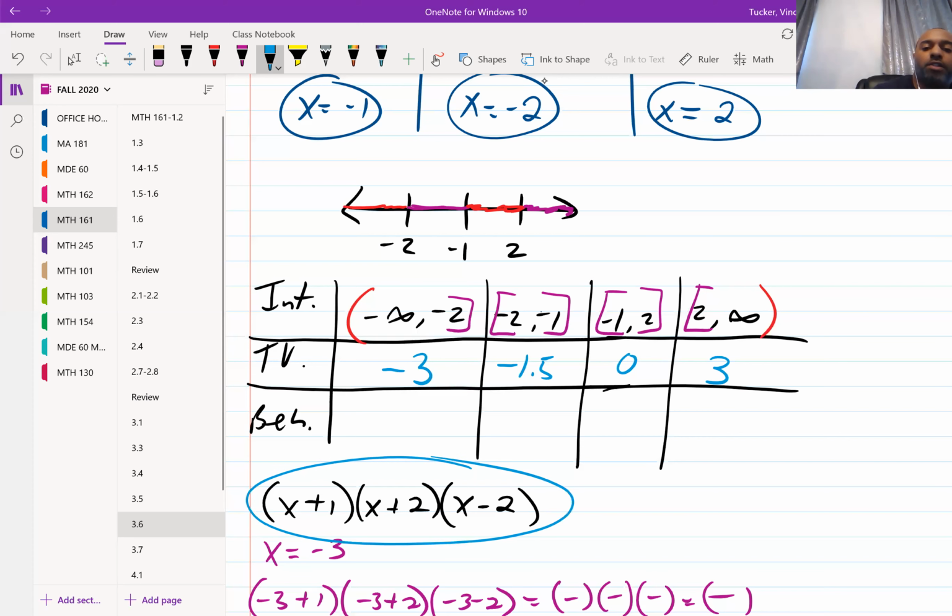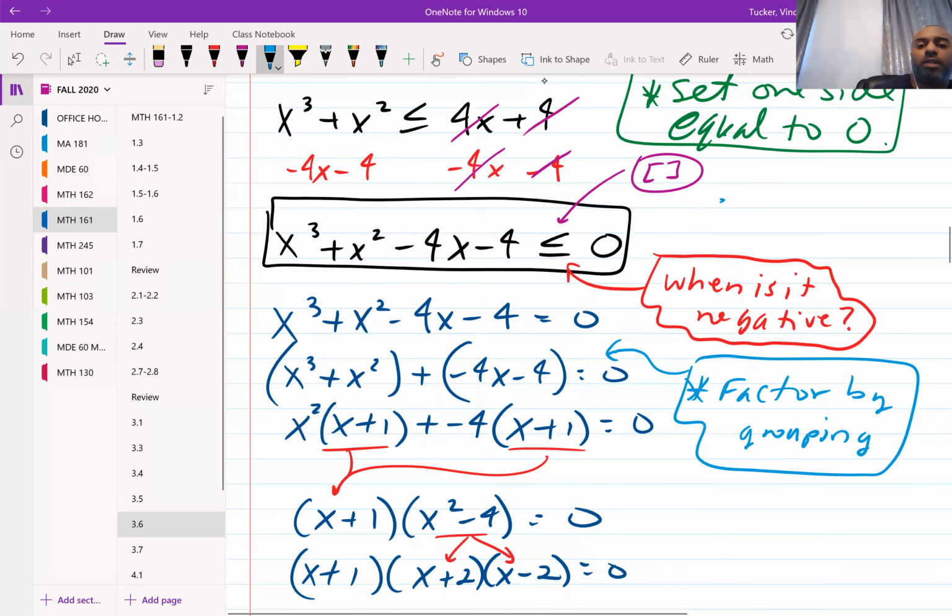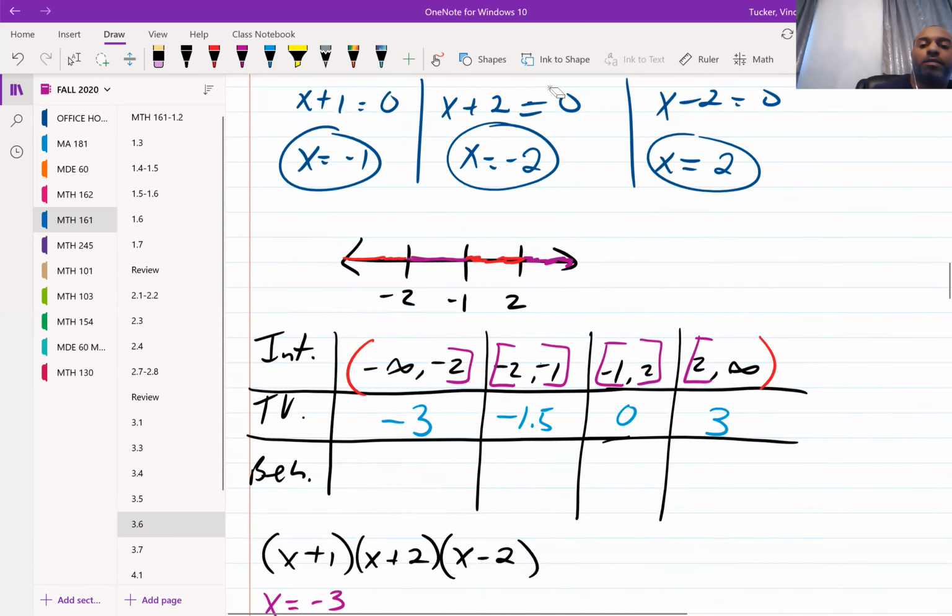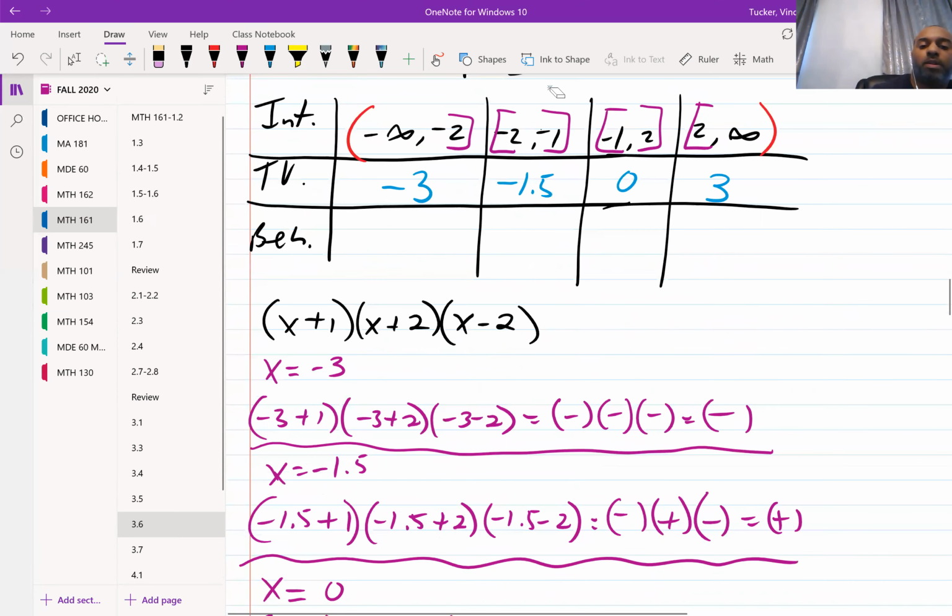Once again, I decided to use my factored expression just because it's easier as far as calculation. If you want to use the original, which is this, then you could. But either way, the result: are you getting a positive or a negative value? So plugging in -3, I end up getting negative times negative, which is still negative. Let me go with green.